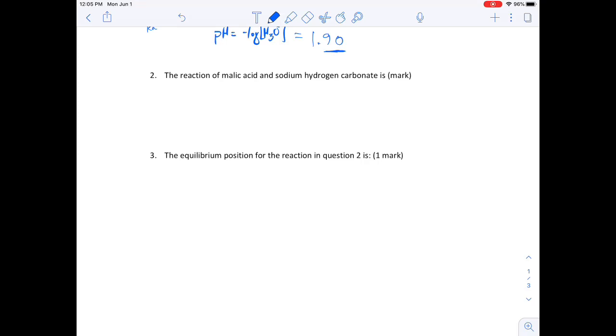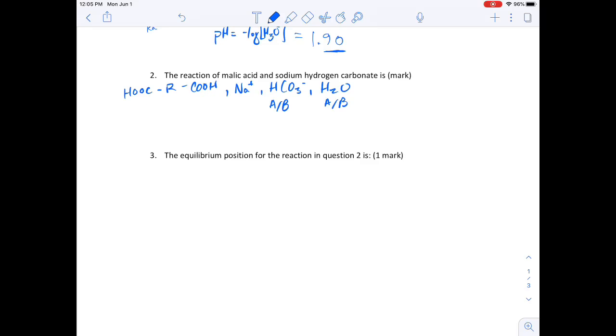So this says the reaction of malic acid and sodium hydrogen carbonate. So malic acid we were saying is HOOC-R-COOH. We also have sodium hydrogen carbonate, so that's got sodium ions, hydrogen carbonate ions, and that's in water. So water is an acid or a base, and hydrogen carbonate is also an acid or base.